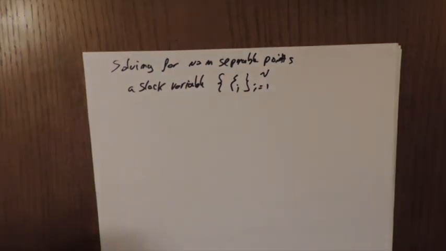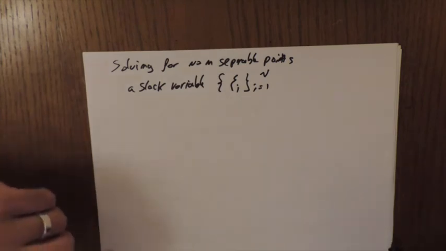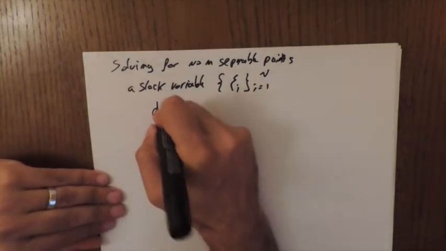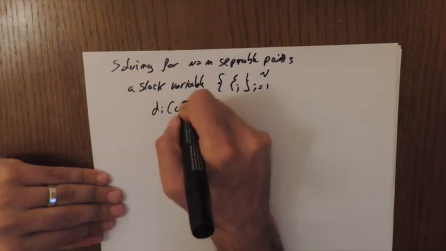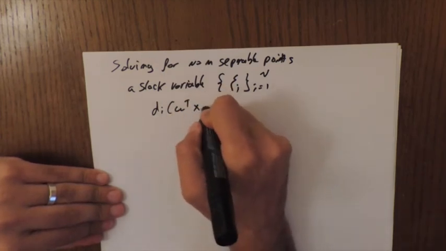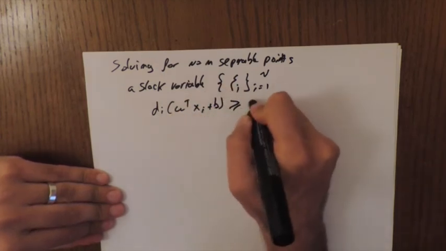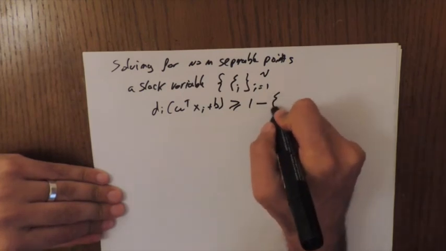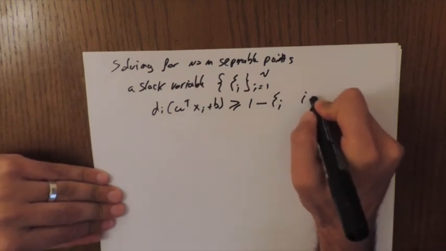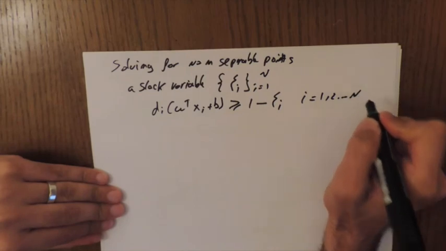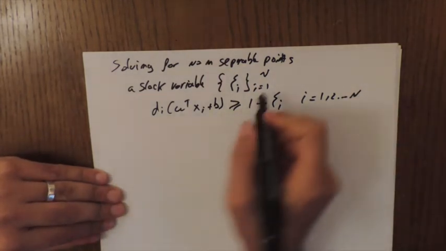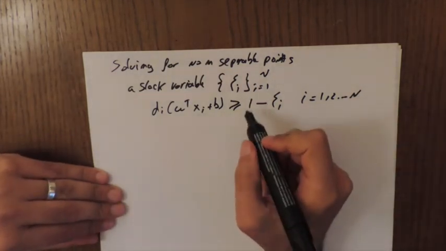Now this slack variable is introduced into the constraints: di (w^T xi + b) is greater or equal to 1 minus ξi, where i is equal 1 all the way to n. So as I said, ξi is the slack variable.